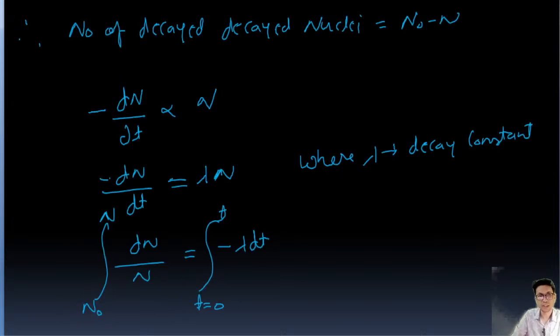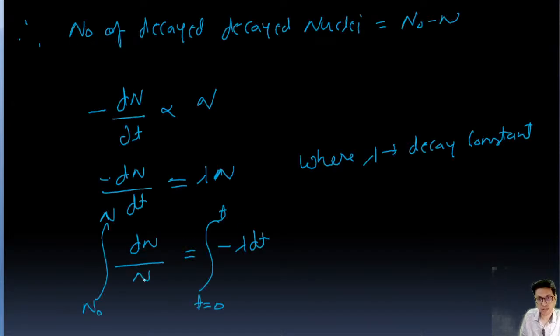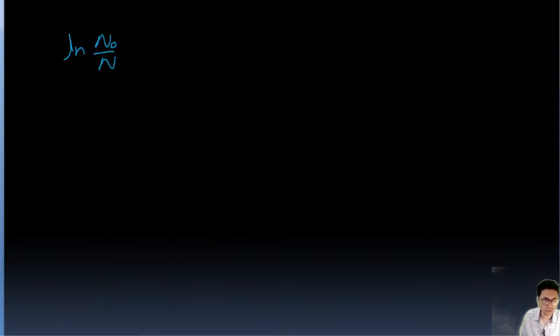If we integrate it, this is going to be ln N upon N0, my apology, ln N upon N0 equal to minus lambda t.